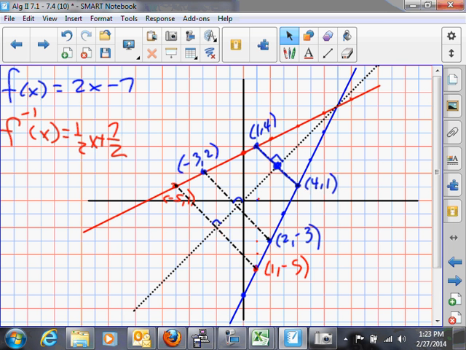So remember, back when we were talking about functions, if you had a graph, we would use a vertical line to determine whether or not the graph was a function. Well, if the inverse is a function, then the graph of the inverse will not intersect a vertical line more than once. But what has happened is that that vertical line, along with the graph, has actually been flipped through the line y is equal to x, so it's actually a horizontal line before.